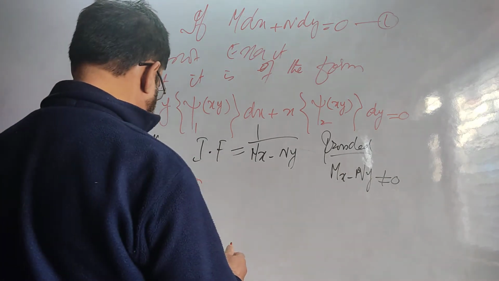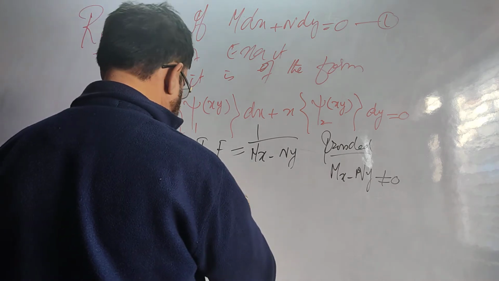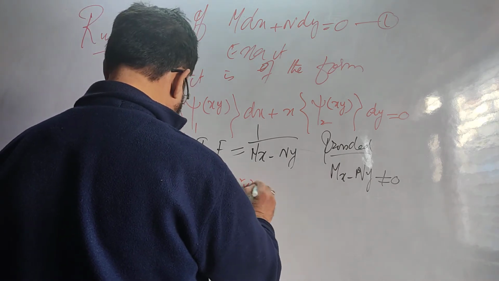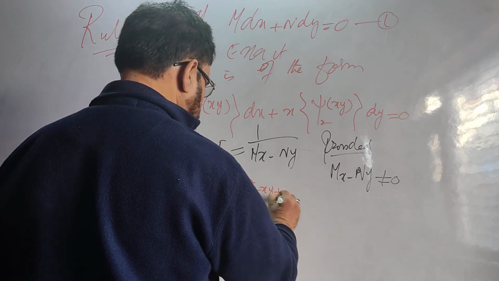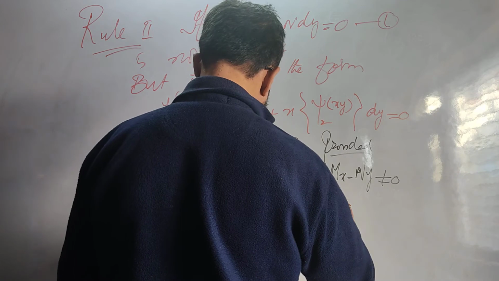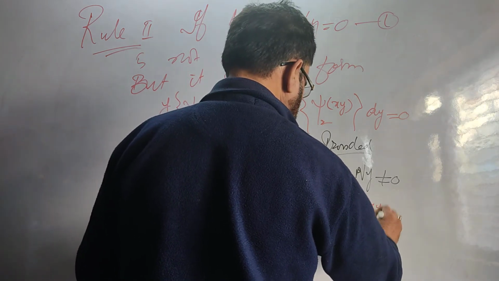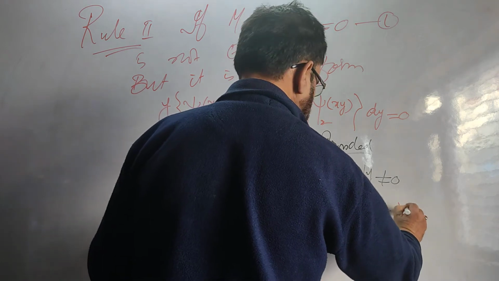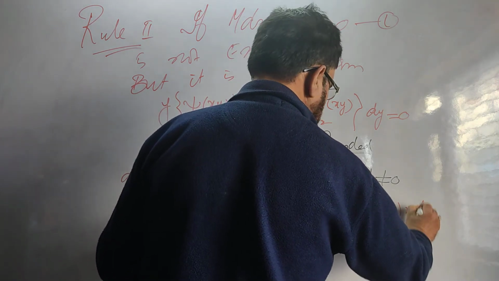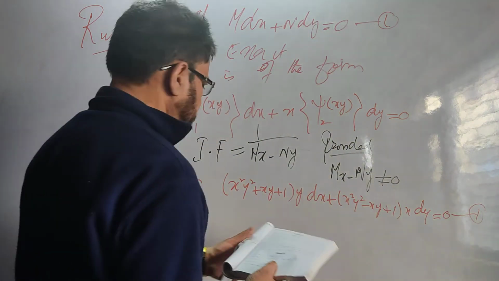It is (x square y square plus xy plus 1) into y dx, plus (x square y square minus xy plus 1) into x dy, is equal to 0. This is my differential equation.